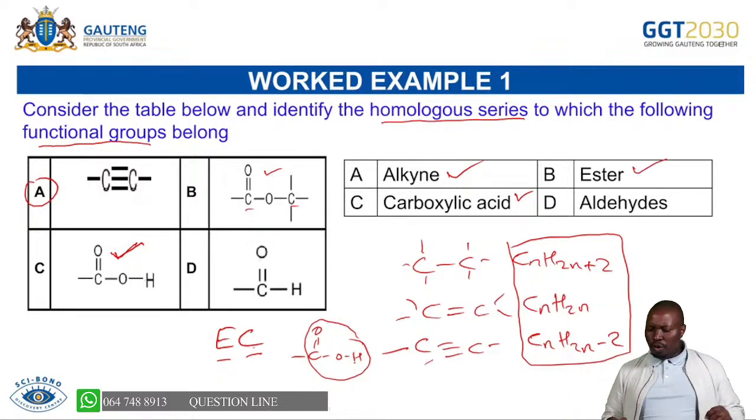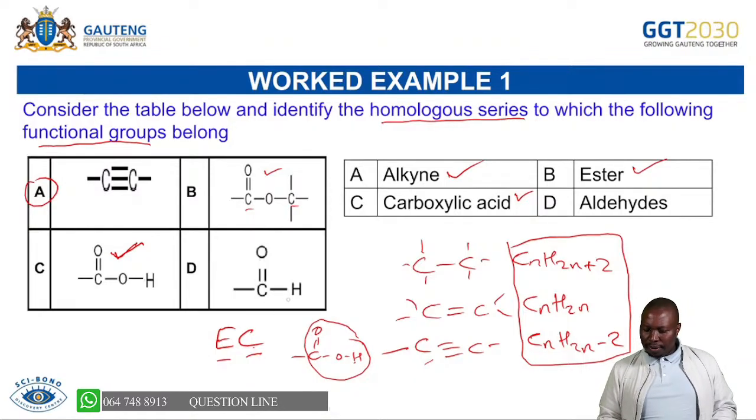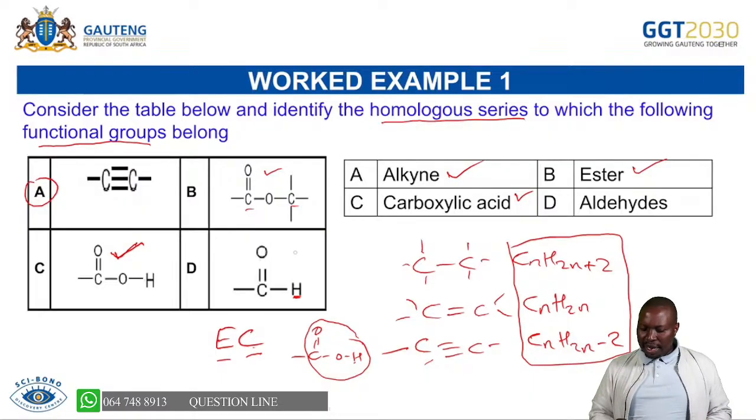Remember, we said we have 2 functional groups that have C double bond O. The one is the formyl group, the other one is the carbonyl group. The formyl group is a C double bond O bonded to the hydrogen, which will be in the terminal carbon, carbon number 1. So that must be an aldehyde.